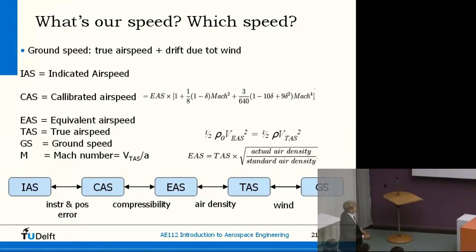Here we see again the speed calculation. So you have the true airspeed. You can calculate it with the air density to equivalent airspeed, with compressibility to the calibrated airspeed, instrument and position of the pitot tube to the indicated airspeed. And if you want to know what your ground speed is, which is only relevant for navigation, you have to correct for the wind.